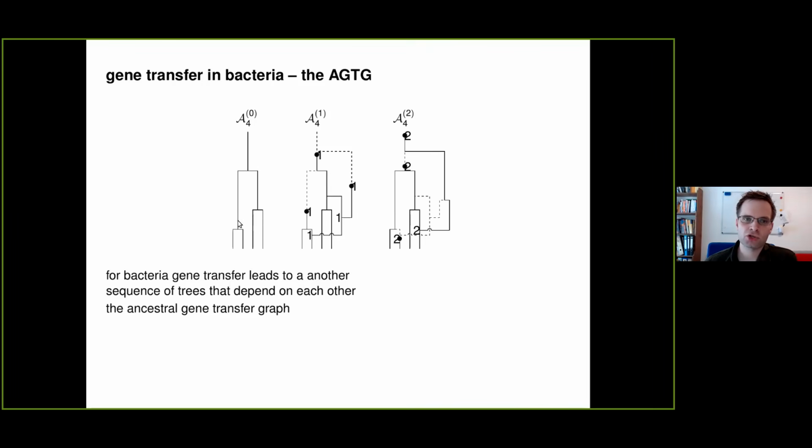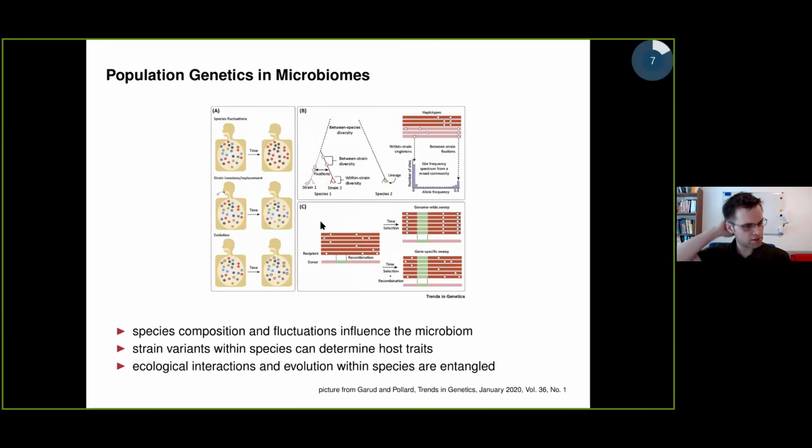And we were able to show that this structure can be represented by another graph, which we call the ancestral gene transfer graph. And in this graph shown here, we have one clonal tree, which is very important. And then all the other trees depend on each other, but always also on the clonal tree. So clonal trees are important.